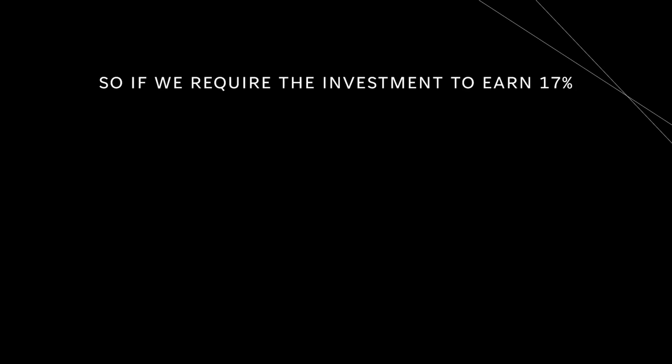So if we require the investment to earn 17%, the investment will be valued at I is equal to 100 pesos times 1 plus 17%. That will be I is equal to 117 in a year's time.